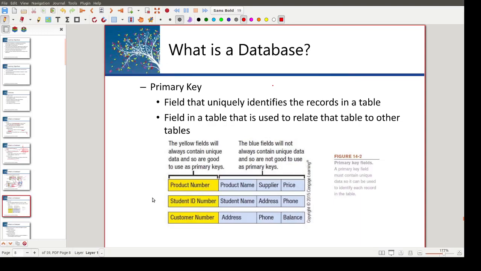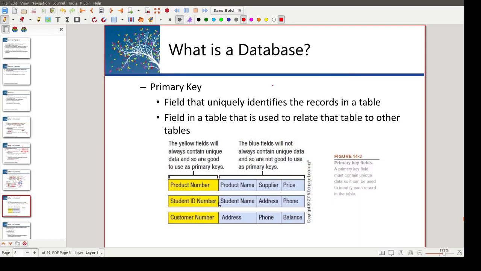For example, if you have a product table, student table, or customer table, you must have a primary key. The yellow fields will always contain unique data, and so are good to use as primary keys, like product number, student ID number, customer number. The blue fields will not always contain unique data, and so are not good to use as primary keys.